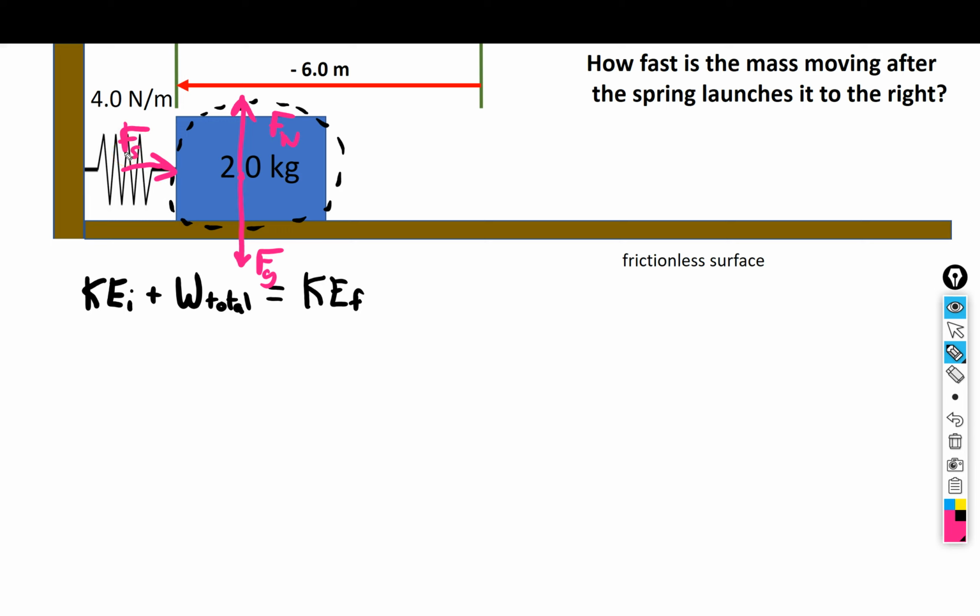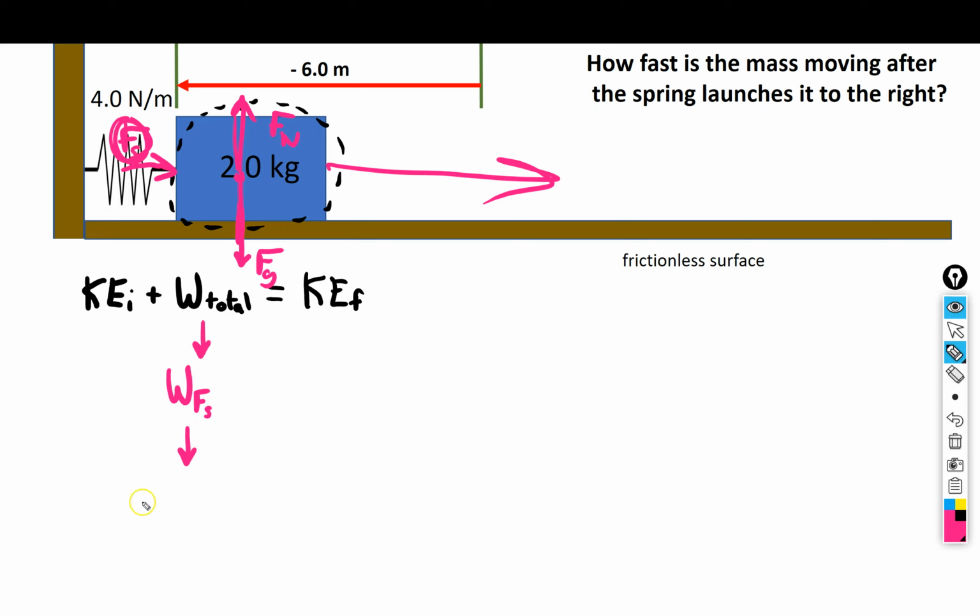Well, the only one of those three forces that's going to be doing any work is this spring force right here. The normal force and the weight force are both perpendicular to the direction that the object's going to be going. So those two forces don't do any work. So this work total is just going to be the work done by the spring.